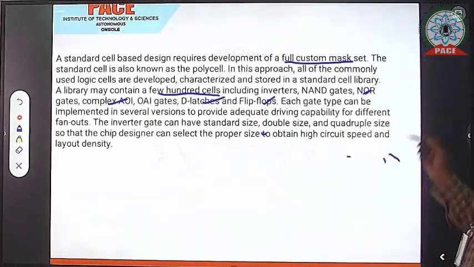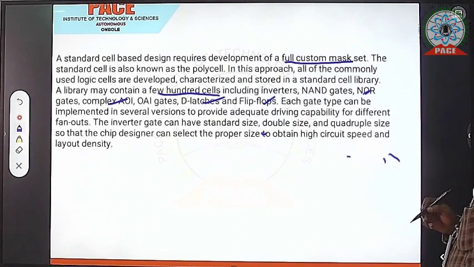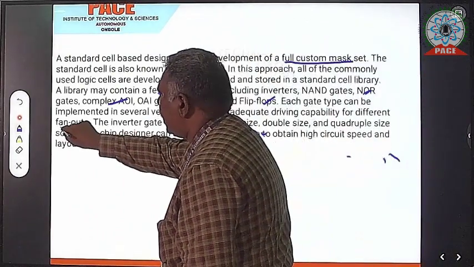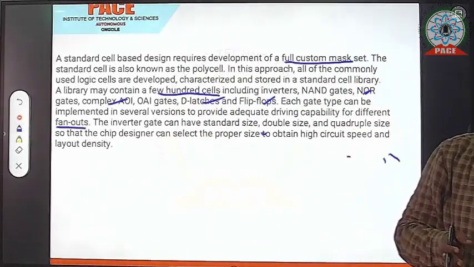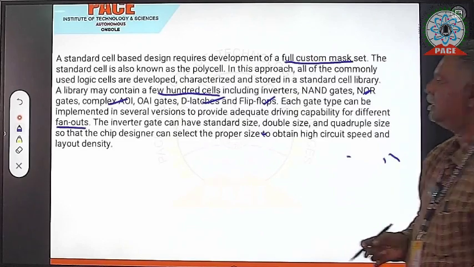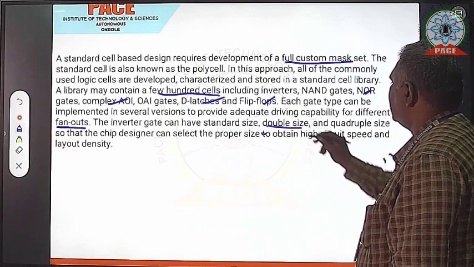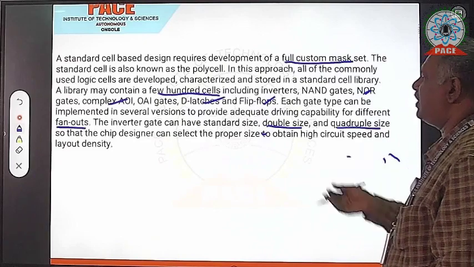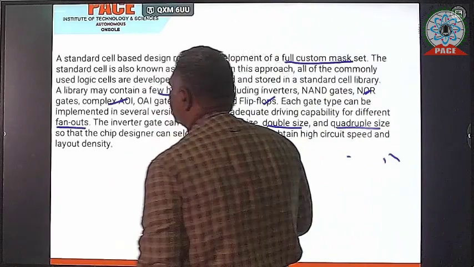All are interconnected in this gate array design, and different fan-outs are also available. Fan-out is how many outputs a gate can handle. There are double-sized and quadruple-sized cells, and these different sizes are used to design the circuit.